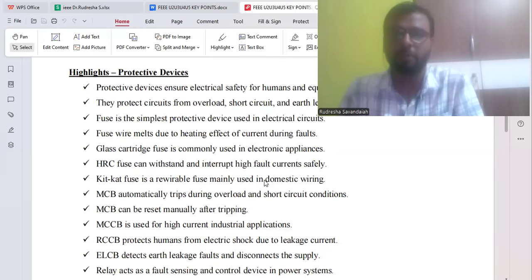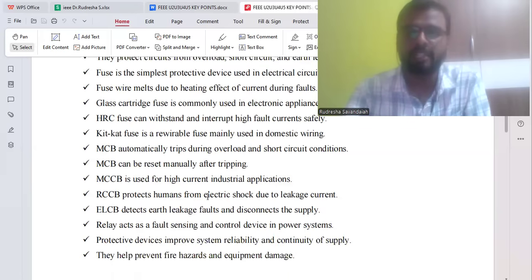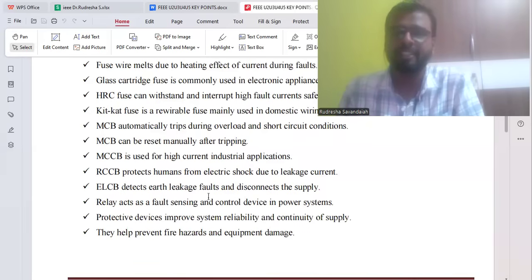RCCB protects women from electric shock due to leakage current. ELCB detects the earth leakage fault and disconnects the supply.